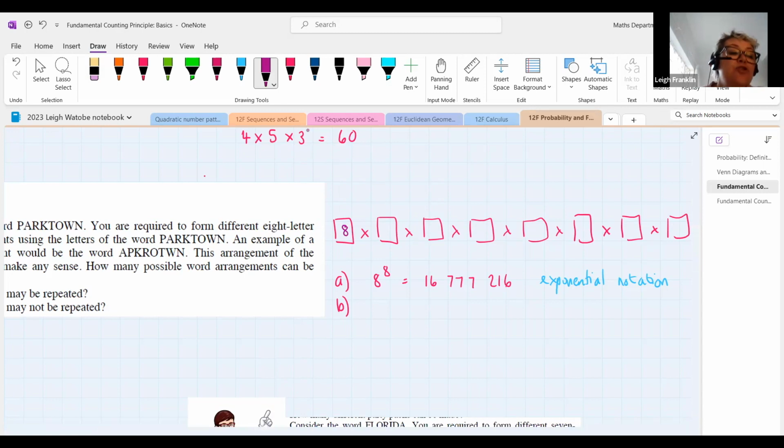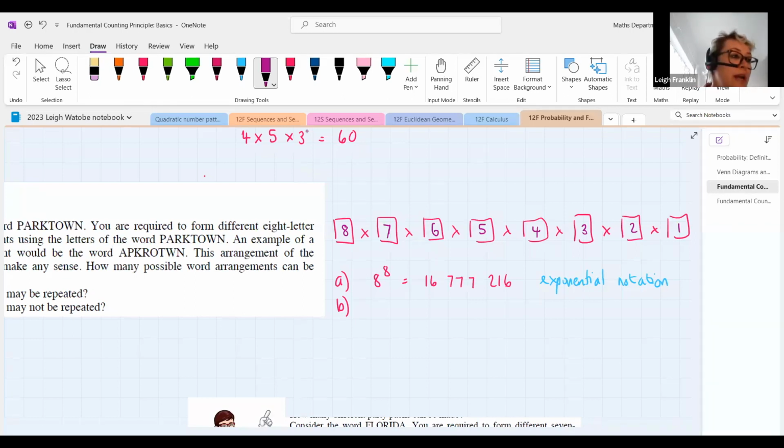When a letter is chosen out of the word, it means there are 7 letters left. So that means that there are 7 options or 7 ways to fill that second block. If 2 letters are gone and we cannot repeat them, there are 6 options for the third, 5 for the fourth, 4 for the fifth, 3 for that one, 2 and 1. And that is factorial notation.